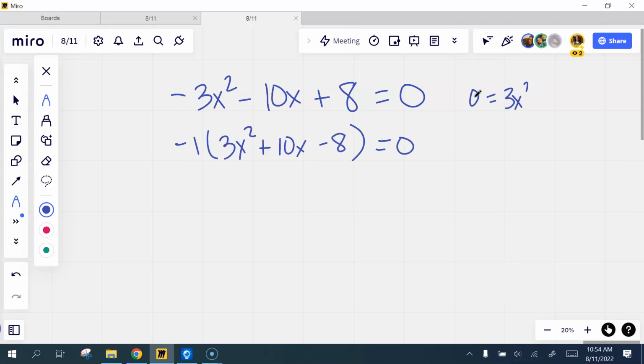Equals 3x squared plus 10x minus 8. Then move everything over there. Either way is fine.